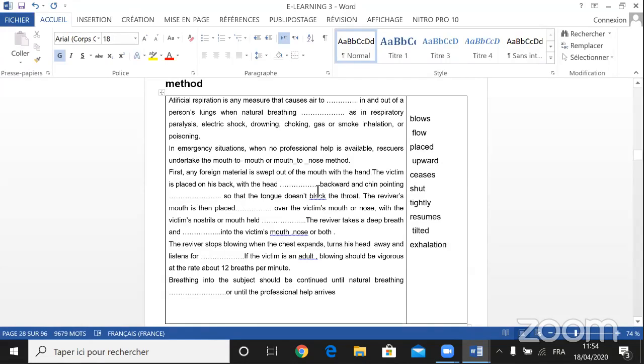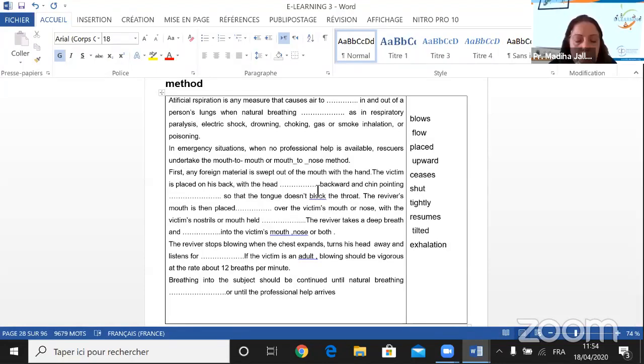The victim is placed on his back with the head upward, backward, it can't be. The head placed backward. Tilted. Yeah, with the head tilted. So one end is higher than the other.